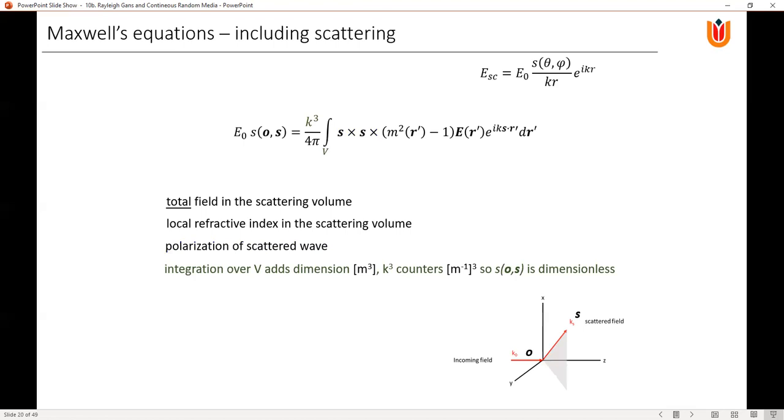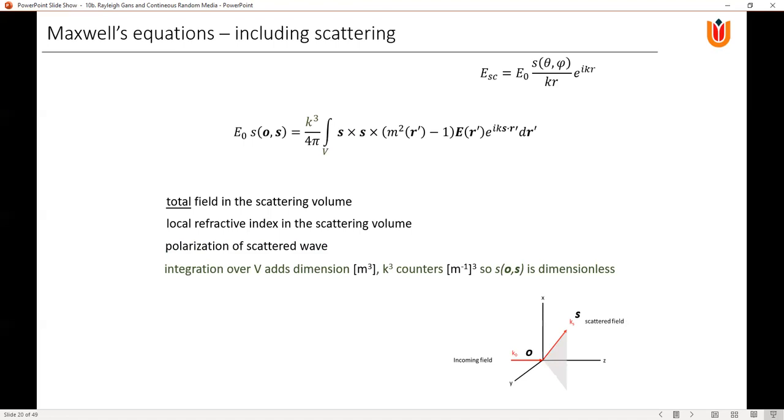That means that even though the total scattered field is on the right hand side and the incident field is on the left hand side, they do have the same dimensions. So working out this integral means that this fraction S, in terms of unit vectors, is going to be dimensionless.